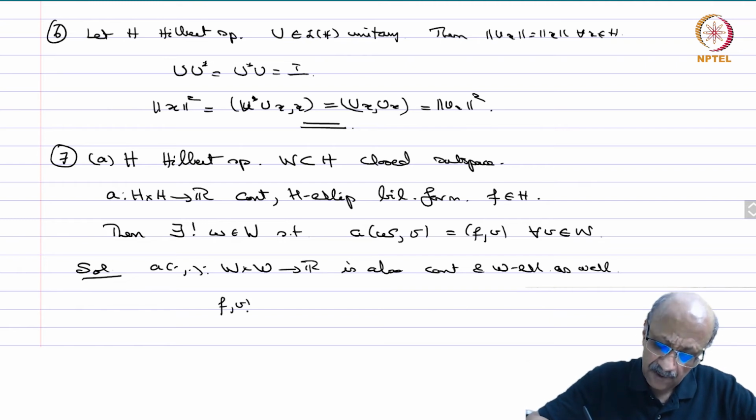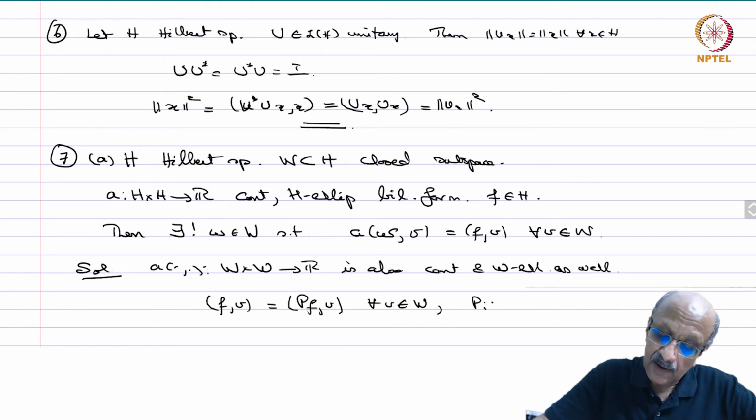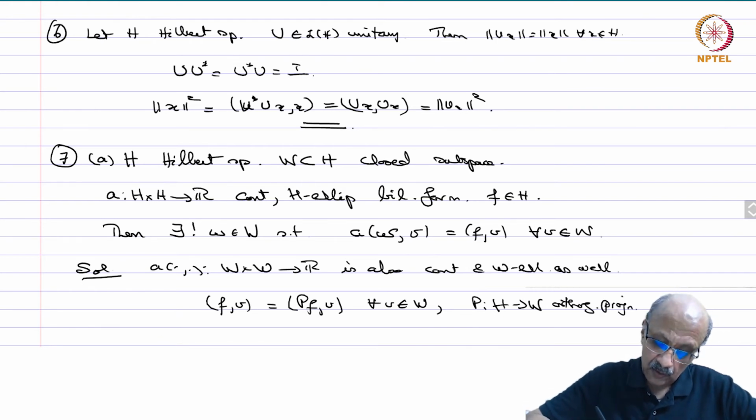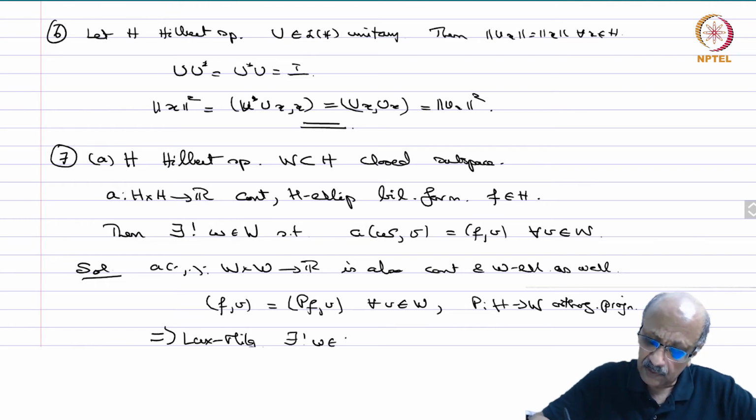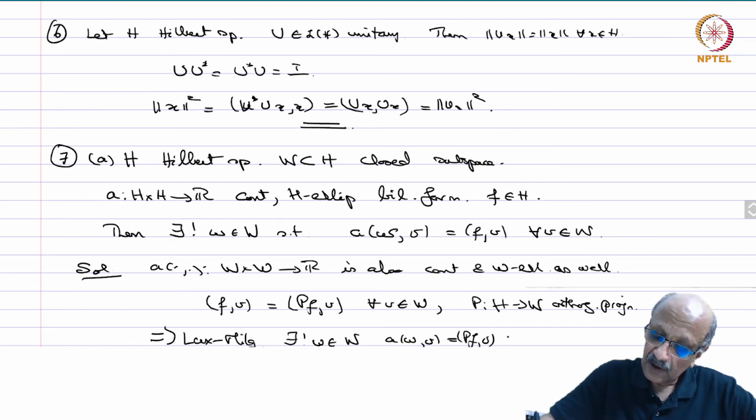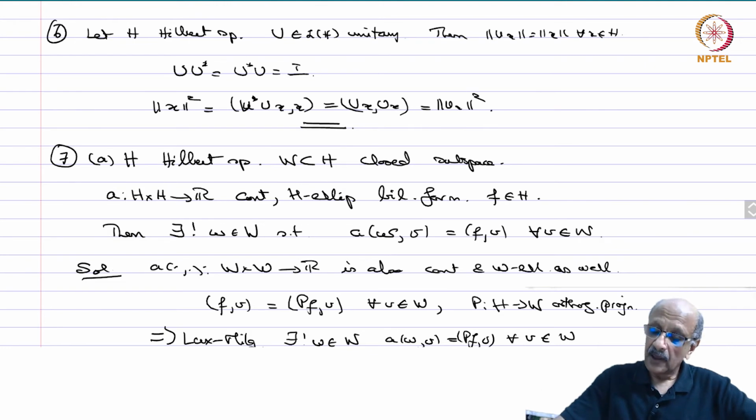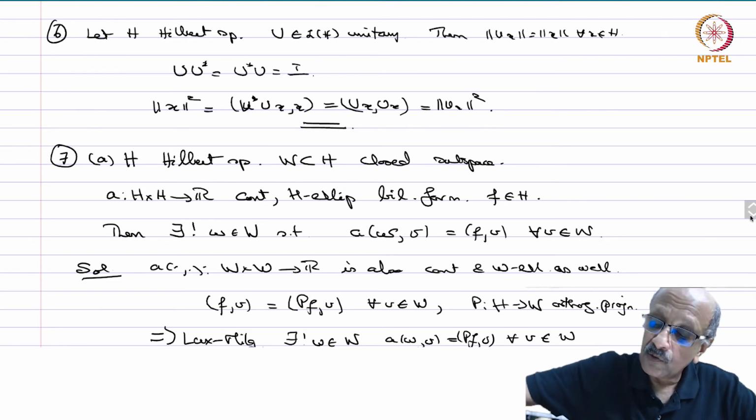Now F(v) is equal to (Pf, v) for every v in W, where P from H to W is the orthogonal projection. So by Lax-Milgram, because W is a Hilbert space in its own right, there exists a unique w in W such that a(w, v) equals (Pf, v) for every v in W, and this is nothing but F(v). Okay, and therefore we have shown that there exists a unique solution.